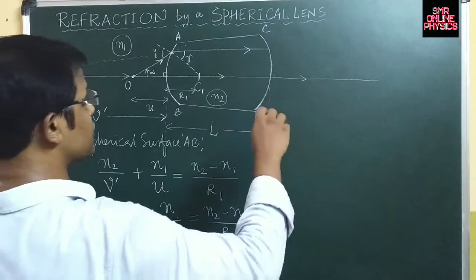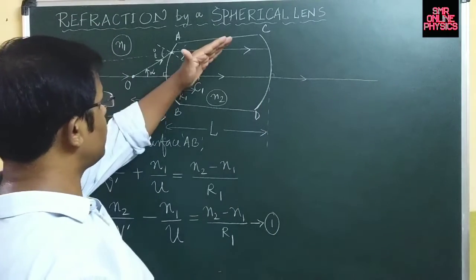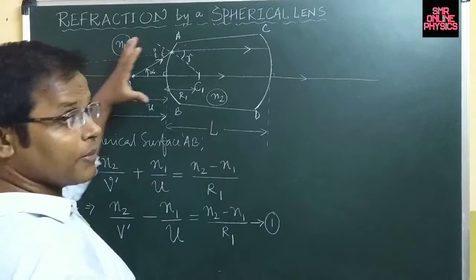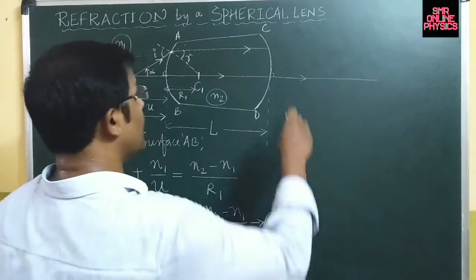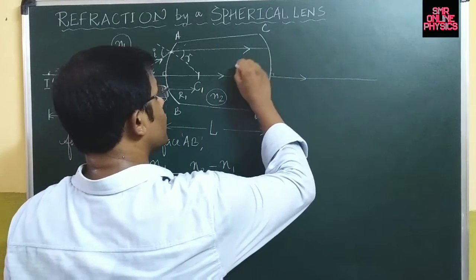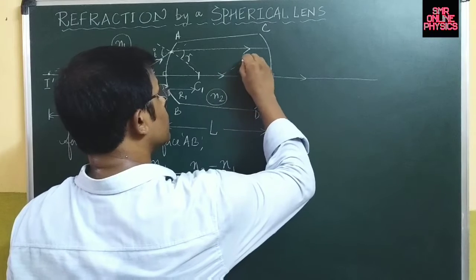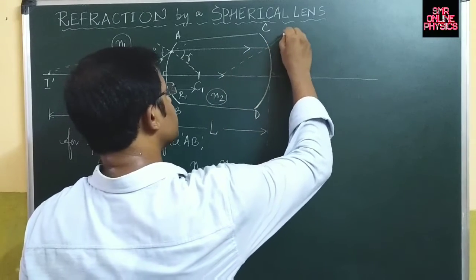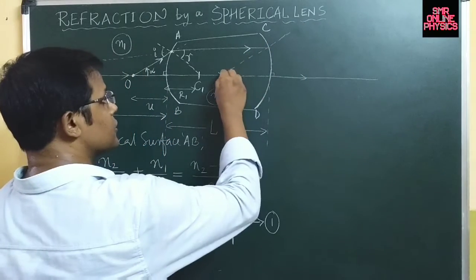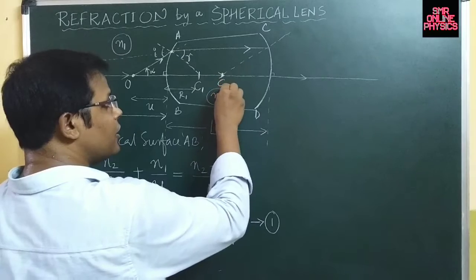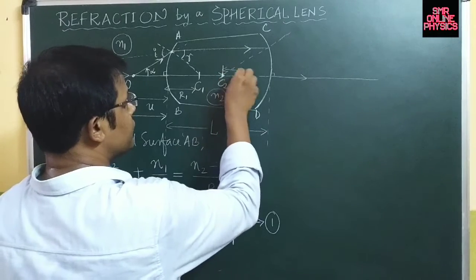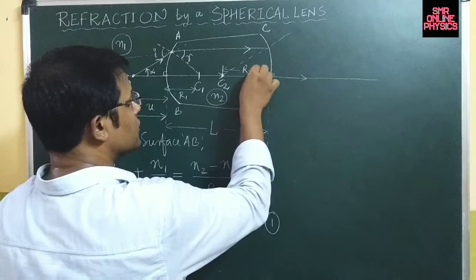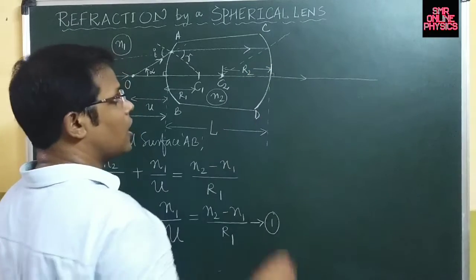So just imagine the situation like this: the ray of light is coming completely from a medium of refractive index N2, and now you can draw your normal very carefully. You will see that, yes, pretty good. This is your curvature C2. Possibly we have taken that this is different from R1, so this is, let us say, R2.